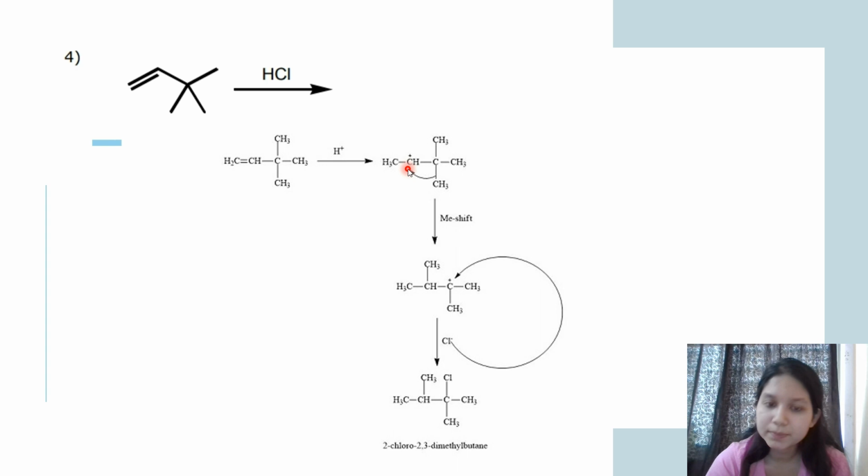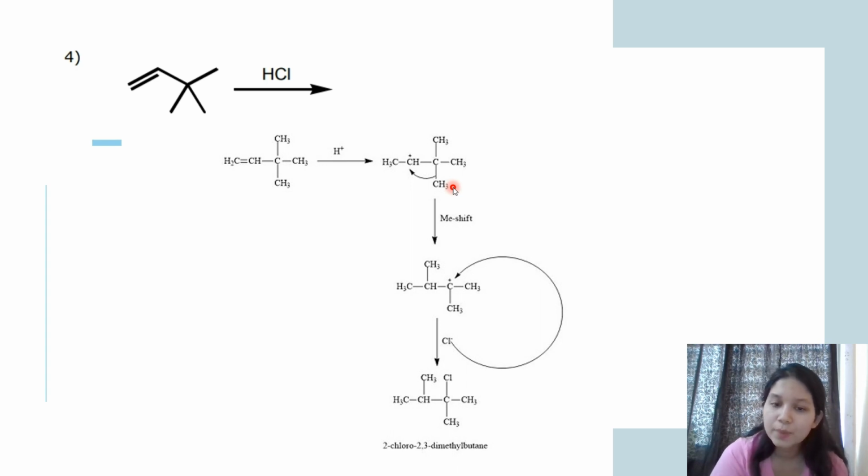So what happens? Although you get a secondary carbocation, you have to observe the fact that the adjacent carbon atom of this carbocation is tertiary, having 3 methyl groups present.